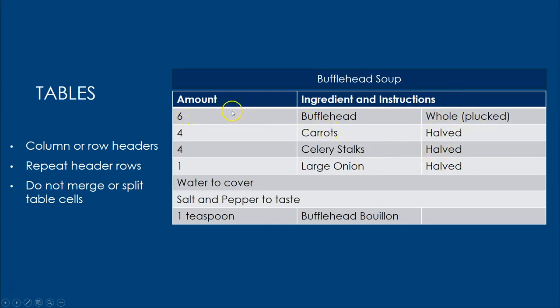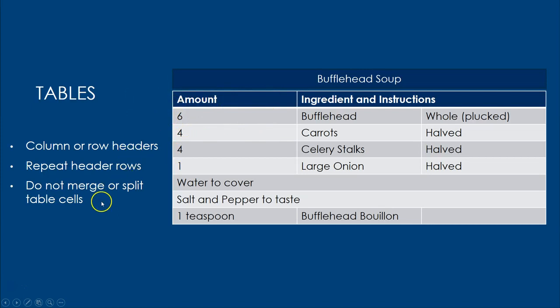So it's always good to make sure you've got the column headers in place. If this information is going to span over a separate page, make sure you turn on a rows to repeat at top type feature. That way a screen reader will continue to identify that. Use the table feature in Word or Excel, because it puts on parameters for screen readers to identify the indexing of things, if you will.